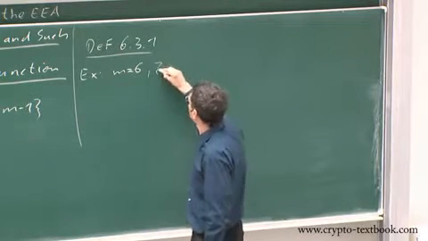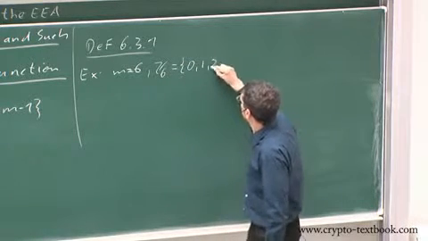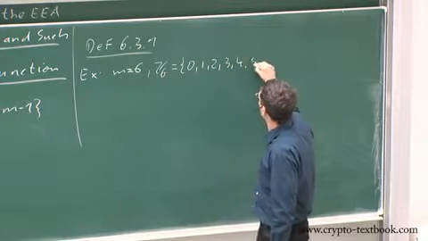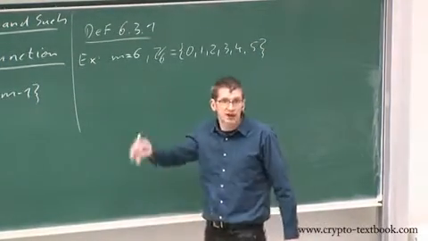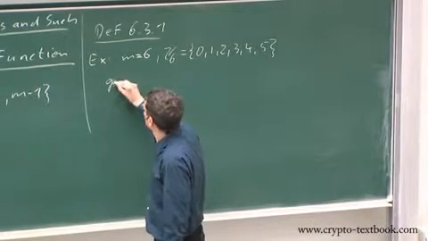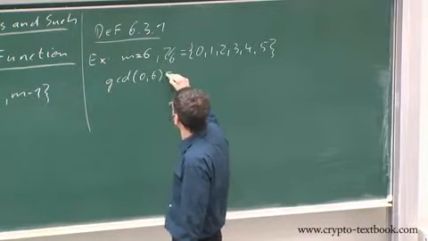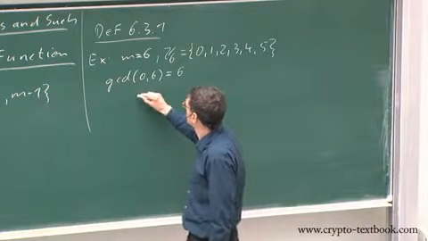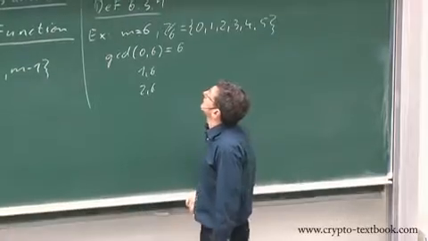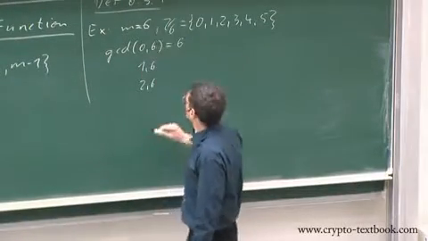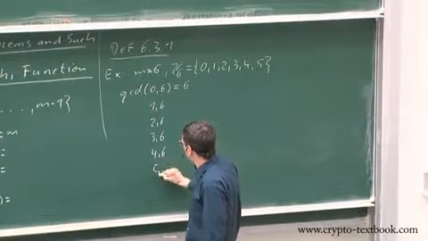That means Z6 is this set of integers. And now run through all elements. So we compute GCD of 0 and 6, which is actually 6. 1 and 6, 2 and 6, 3 and 6, 4 and 6, 5 and 6.